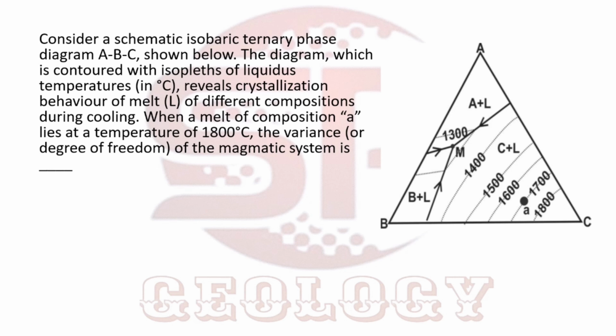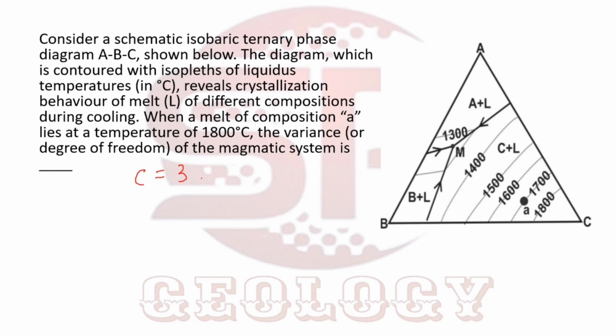Now it is at A point, if it was at 800 degrees centigrade, it will be completely in the melt condition. It is represented at 1700 degrees from which it will start to crystallize. So at a temperature above the freezing point, it will be in liquid condition.